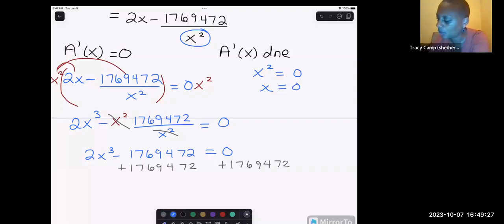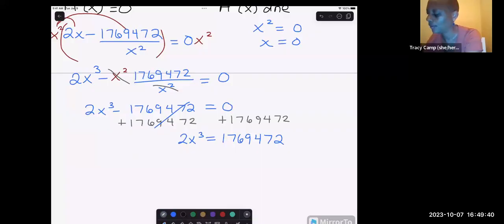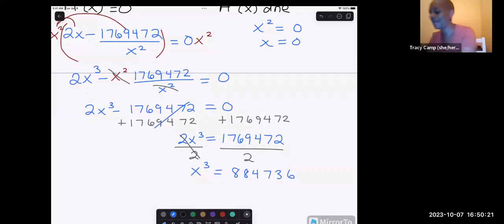And I get 2x cubed equals 1,769,472. This number is so big. Okay, and then I'll divide both sides by 2. I'm trying to get x by itself. So I get x cubed equals 884,736, and then I'll take the cube root of both sides.